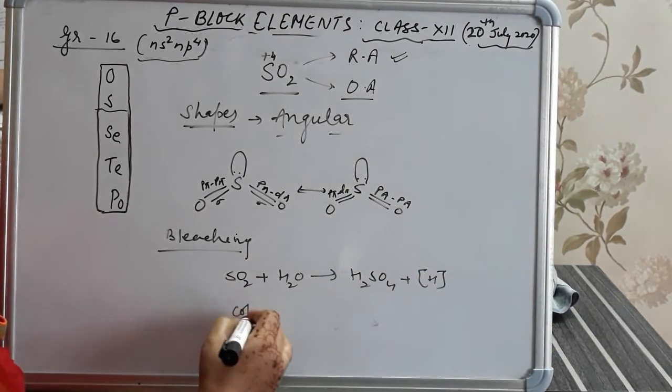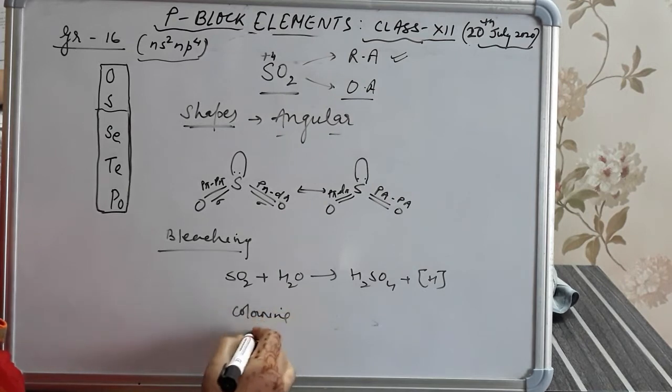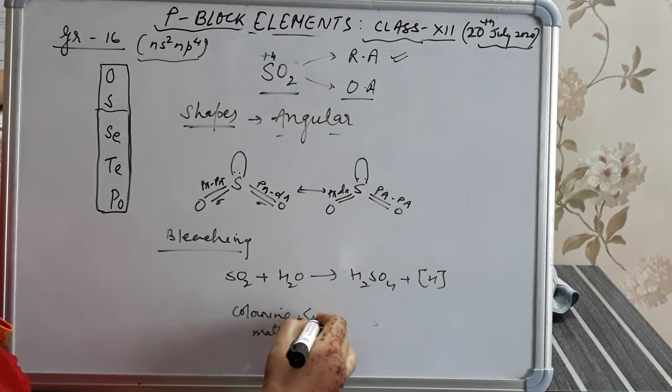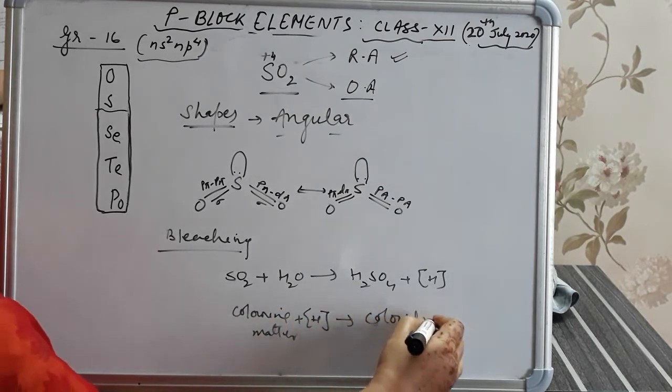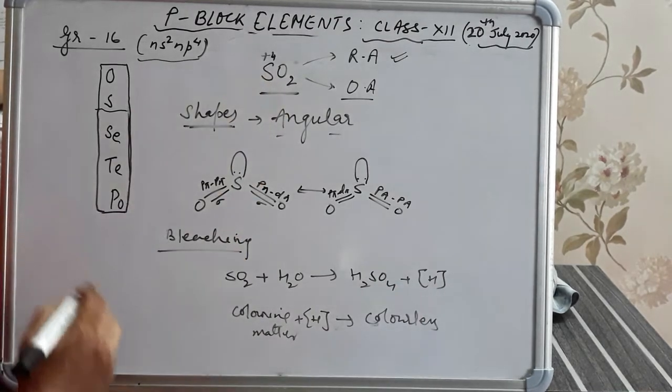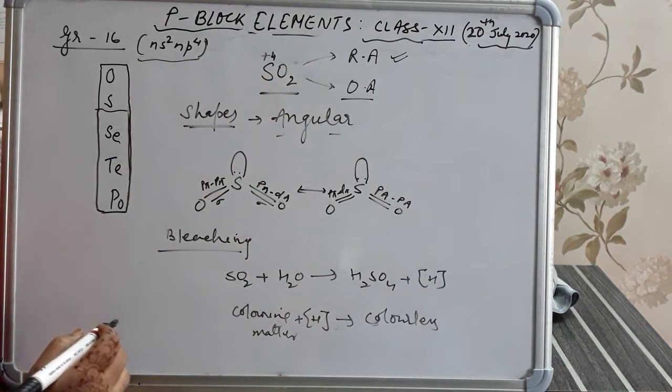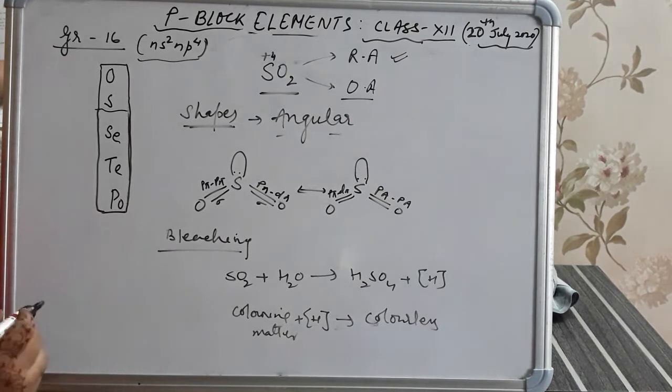Any coloring matter that comes into contact with nascent hydrogen becomes colorless. In this way sulfur dioxide also behaves as a bleaching agent.